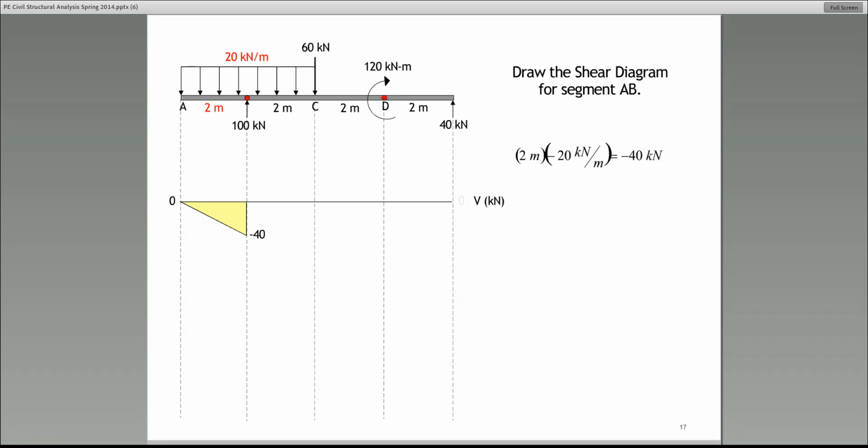That's an excellent question. Helen is asking, what is the point D? Is that a pin? Is that a hinge? It's neither. D is simply a given point on the beam. The way we've shown it is because I wanted to show the exact point of application of that 120 kilonewton meter, that concentrated moment.